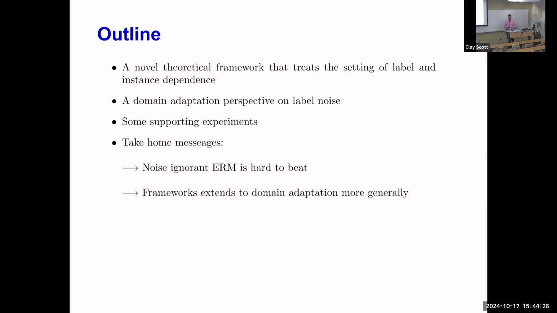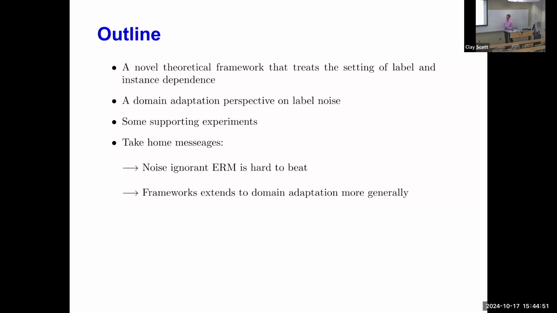So it's a novel perspective for thinking about label noise. This is going to lead to some theory, some algorithms with some theoretical properties, but then we'll also see that it leads to some practical implications. So I'll show some experiments.